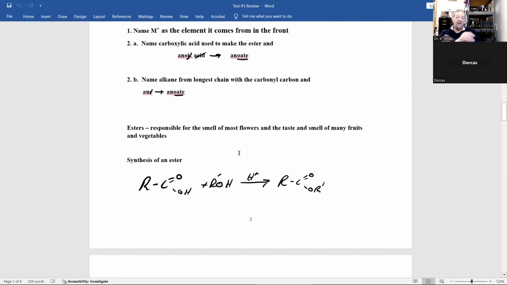Now, when we talk about esters, and we're getting to that time of the year, spring, if you go out and take a walk, you can smell the flowers soon. You should know esters are responsible for the smell of most flowers and the taste and smell of many fruits and vegetables.